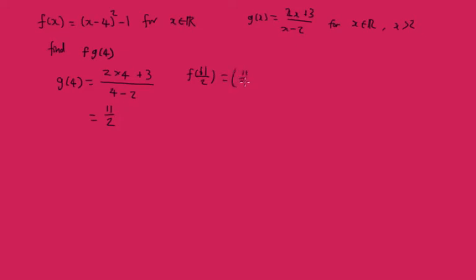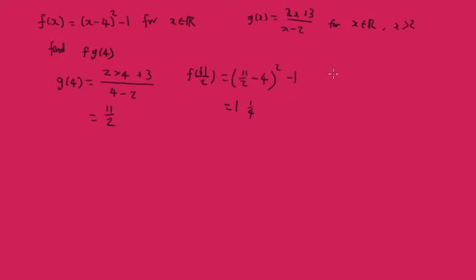So (11 over 2 minus 4) all squared minus 1 is going to be, if you work it out but keep it in the form of a fraction and then put it into a mixed number, you're going to get 1 and 1 quarter.